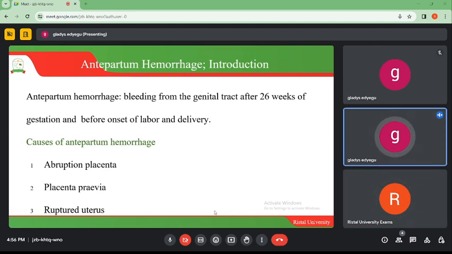The causes of antepartum hemorrhage are abruptio placenta, placenta previa, and ruptured uterus. Some of us interface with some of these conditions in mothers, and we realize that when they are bleeding, the baby is still inside, they have not yet delivered the baby, and that's why they call it antepartum hemorrhage.